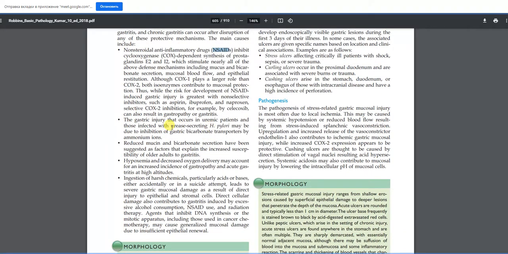Helicobacter pylori, which is urease secreting, especially in uremic patients, might cause the injury. That's why in patients with uremia, in kidney pathology, in chronic kidney disease, especially in kidney failure, Helicobacter pylori evolves much better, because urea, which is present there, is a nutritional compound for Helicobacter pylori, and it can cause the ulceration.